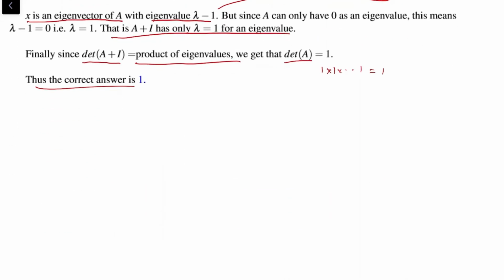And again, the reason why the determinant of A plus I is the product of eigenvalues is that eigenvalues are the roots of the characteristic polynomial.